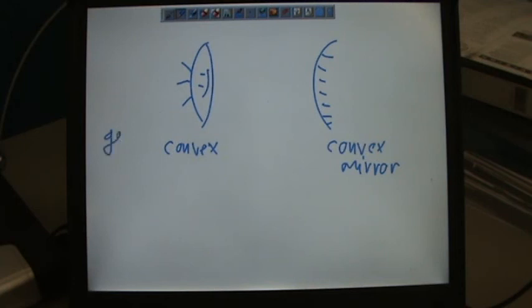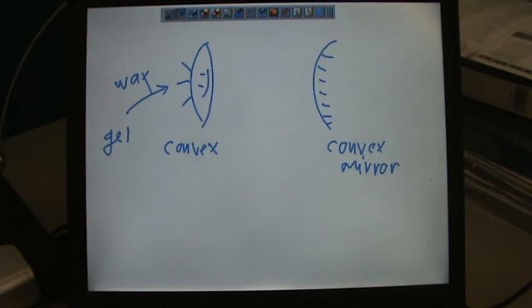Do you use gel to wax your hair? You use gel to wax your hair because this is a curved part, the outer curved part. So this one is also a convex mirror. Because of this, we can say we wax our head, so this is a convex lens.